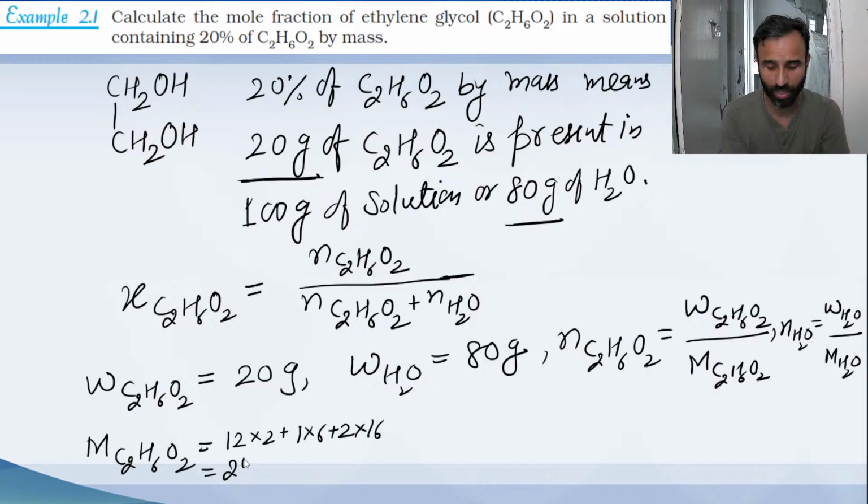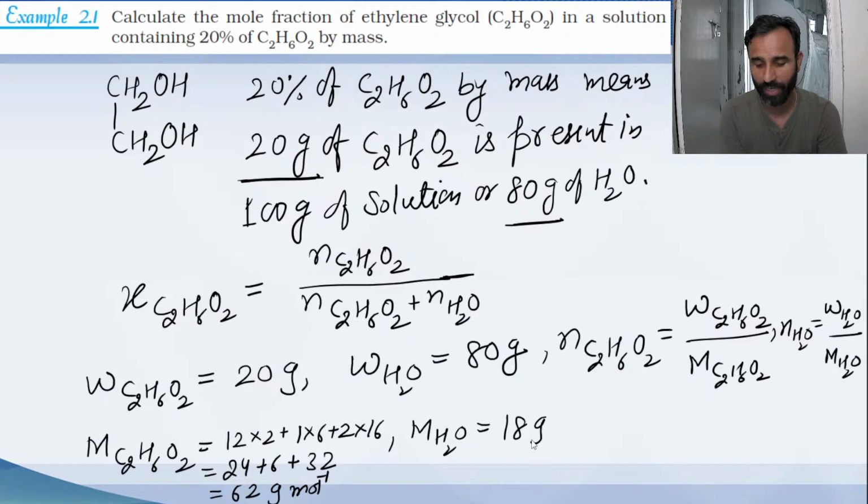So it is 24 plus 6, 30 plus 32, so it is equal to 62 gram per mole, right? Now, molar mass of water, that you know, 18 gram per mole.